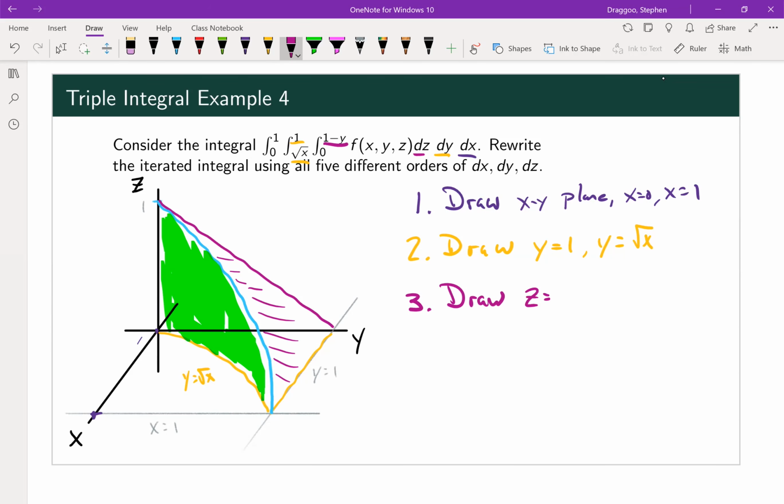So z equals 1 minus y. And then fourth, I'm using that blue line to connect the planes. And roughly that's about how I got the shapes that we were after.